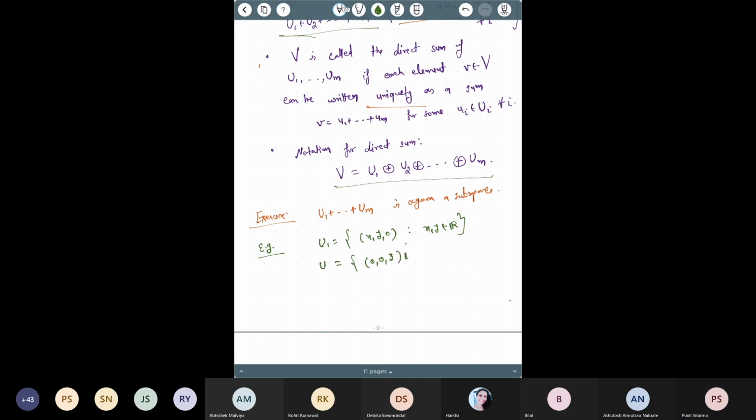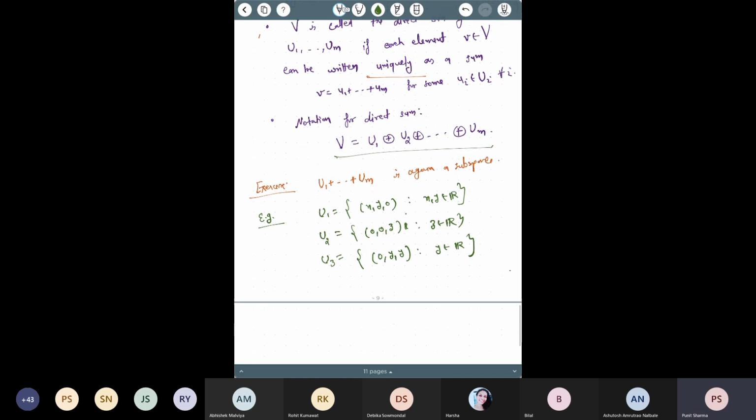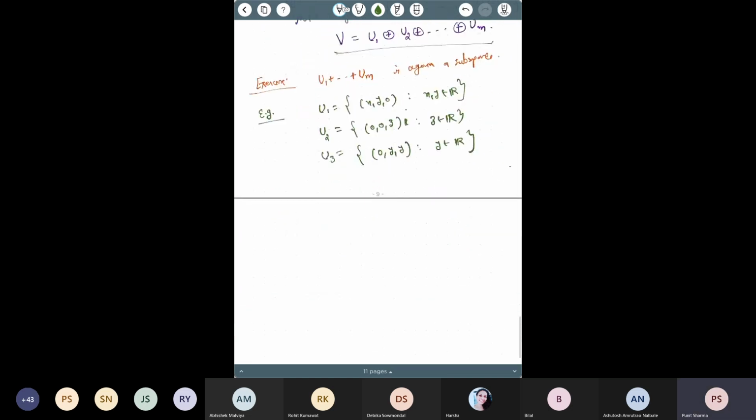This is in R, and similarly, let's say U3 is (0, y, 0), where y is in R. Now, can you tell whether these U1, U2, and U3 are subspaces?